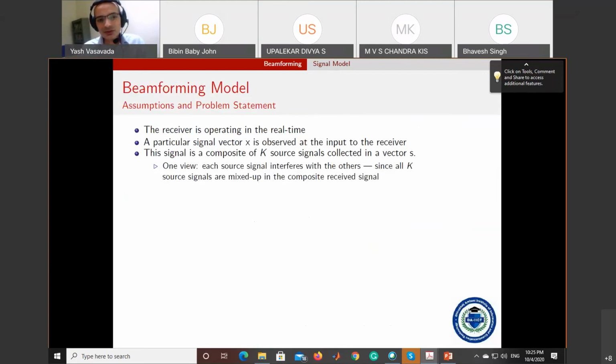We already talked about this. There are two ways of looking at this particular model. One is that our received signal is a composite of k source signals, where each transmitter is interfering with the others. That is one view, and if we take that view, then this generalized demodulation we would call interference cancellation.